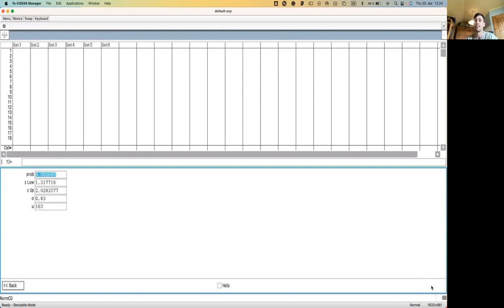Then I push next, and there I have the probability that an apple ranges between these two weights, 172 and 183 grams, and that is 0.0921.